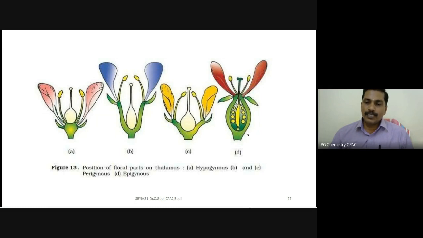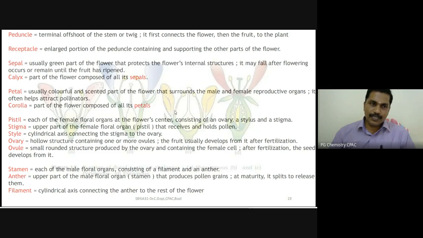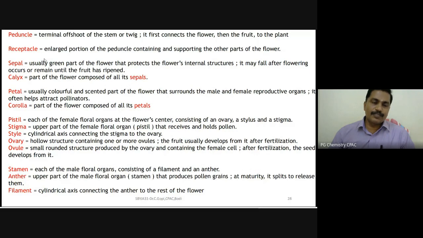If the ovary appears below, an inferior ovary, it is an epigynous flower. If in between, that is called a perigynous flower. Okay, so these are the details of that description: peduncle, receptacle, sepal, calyx, petal, corolla, stigma.